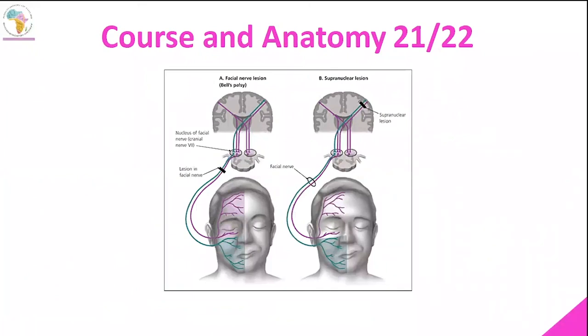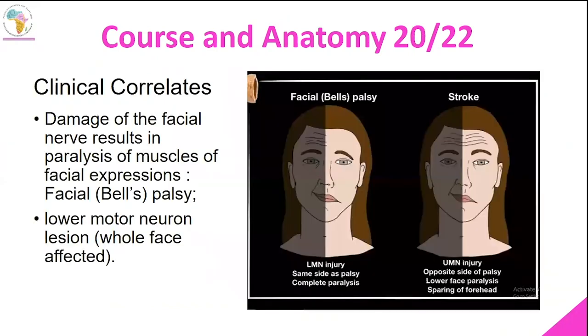Yes, because also in the, okay, before I continue, was the second diagram illustrating a patient with stroke? The one on the left has Bell's palsy, and then the one on the right has stroke with the forehead muscle sparing.